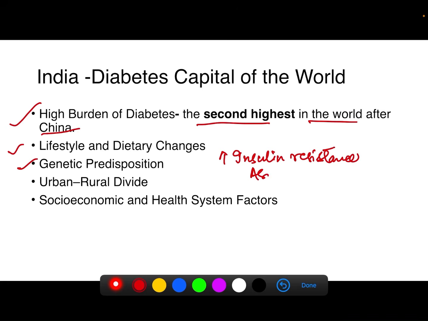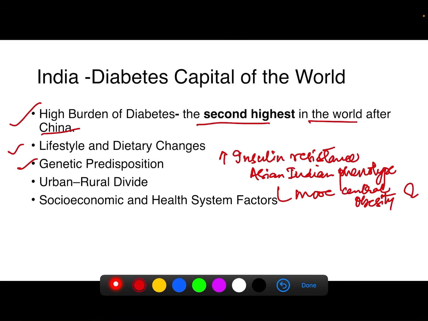So, as an Asian Indian phenotype, in which there is more central obesity and insulin resistance, especially even in lean individuals.